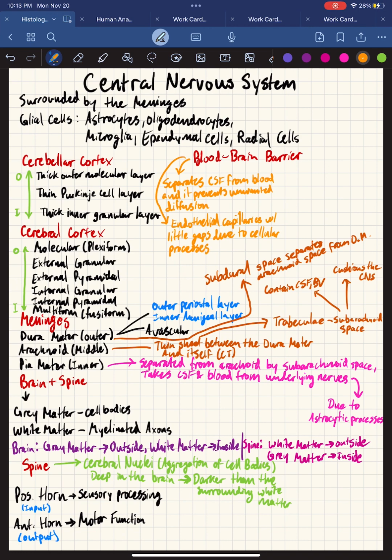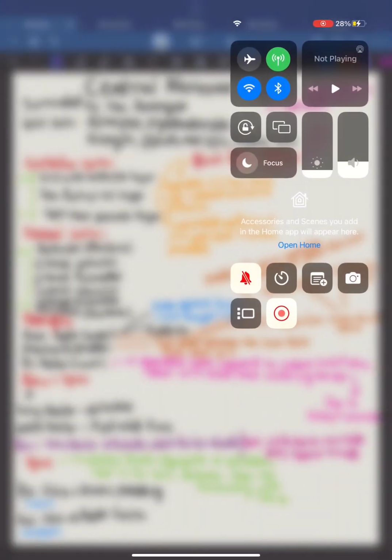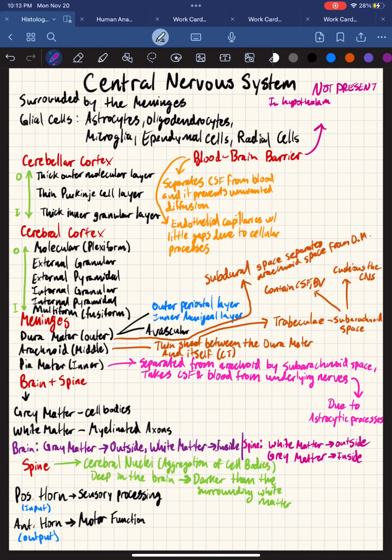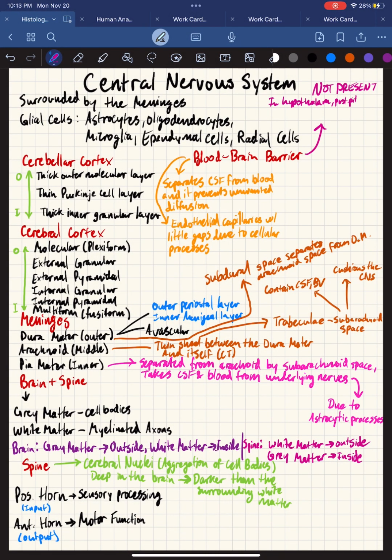Now, something that's pretty significant about the blood-brain barrier is that it is not present in the hypothalamus, the posterior pituitary gland, and the choroid plexus.